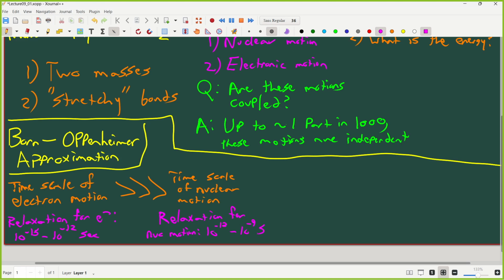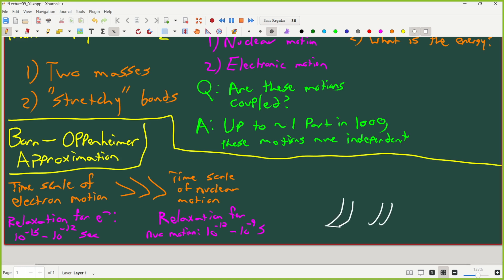All right, so what does that mean? Well, the way that I like to think about nuclei and electrons in a molecule is like an elephant. Now, I'm going to draw a really, really poor elephant for you guys. Here's my big trunk, my big feet, here's my square elephant.